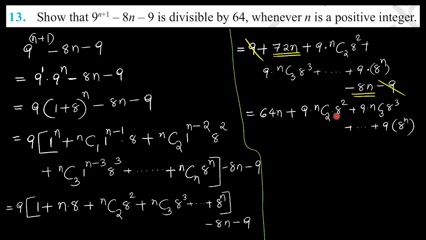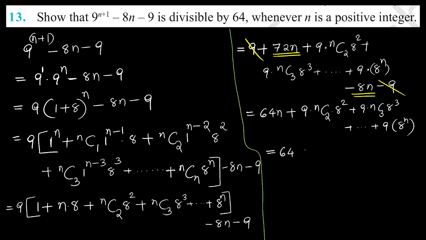The second term contains 64, since 8 square is 64. The third term contains 64, because 8 cube is 8 square into 8. So you can take 64 common.